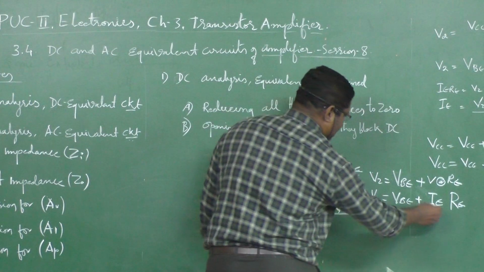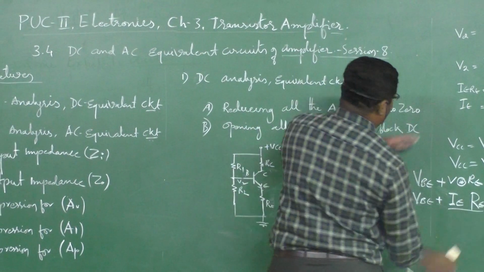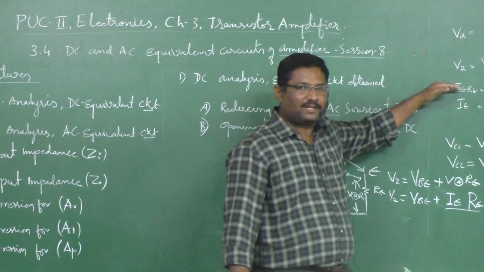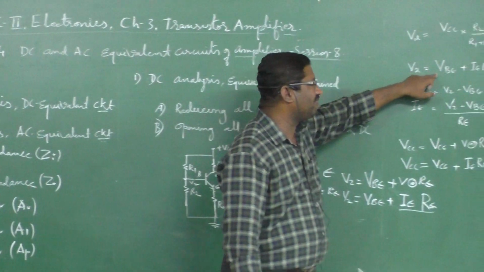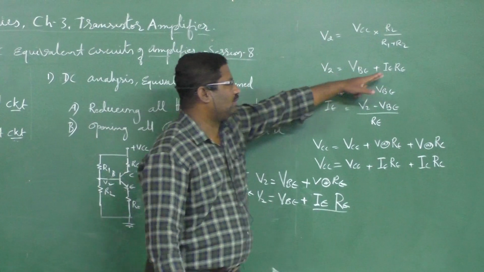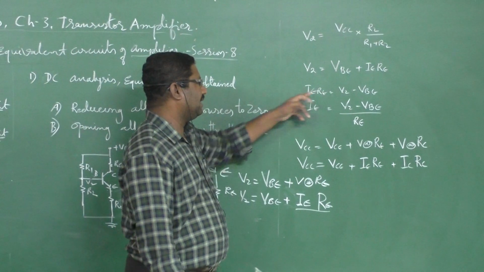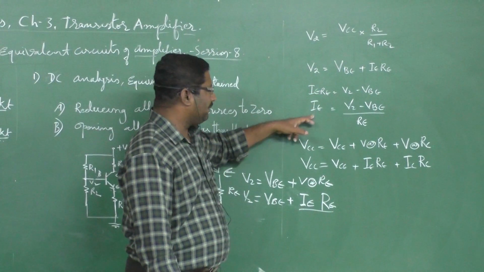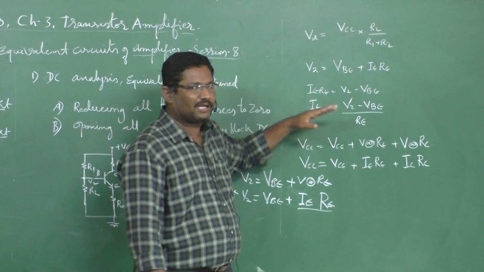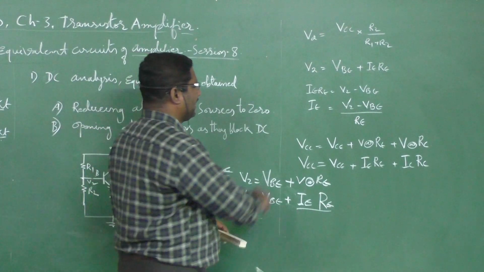V2 is equal to VBE plus IE into RE. So IE RE is equal to V2 minus VBE, bringing that to the other side, and keeping IE and dividing by RE, bringing it to the denominator. So this is the emitter current equation.